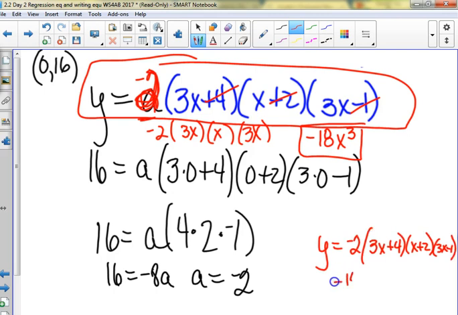Okay, so if you put -18, then this would say x plus 4/3, x plus 2, and x minus 1/3. Did I do that right, guys? Those were the two answers that are okay. Any questions? There's actually other answers because you could have distributed, you could have written the one as 3x plus 4 and left the other one x minus 1/3.